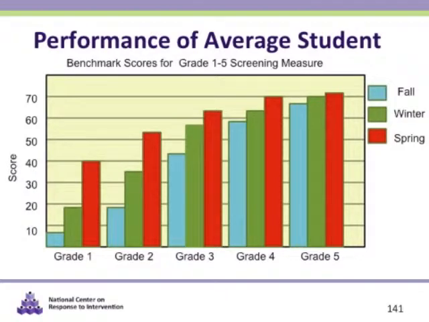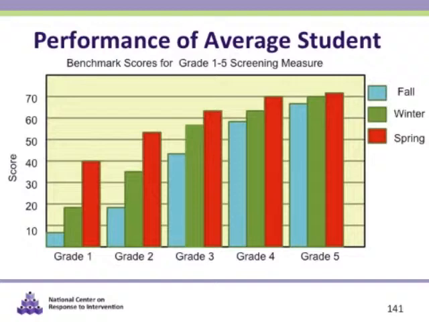Schools can also look by benchmark period, by grade level, and look at the performance of the average students across each of those grade levels. And what we tend to look for is a general increasing trend or progress over the grades. In this graph, it's pretty simple, and what we see is that grade 1, from fall to winter to spring, they make an enormous amount of growth.